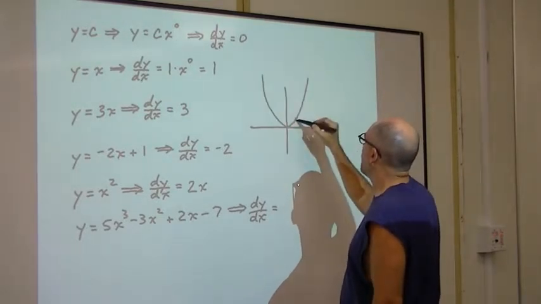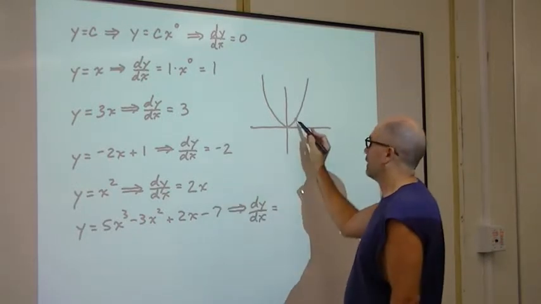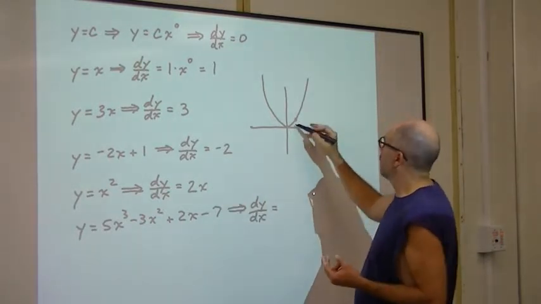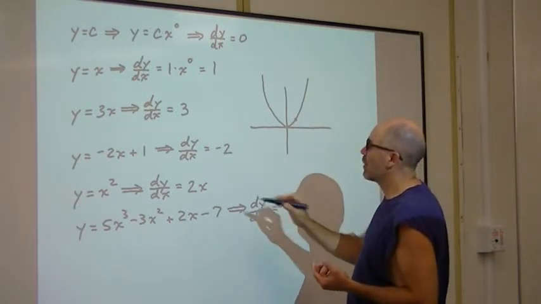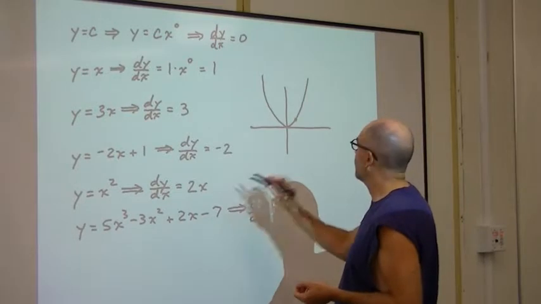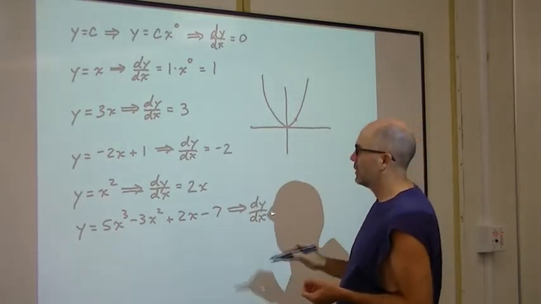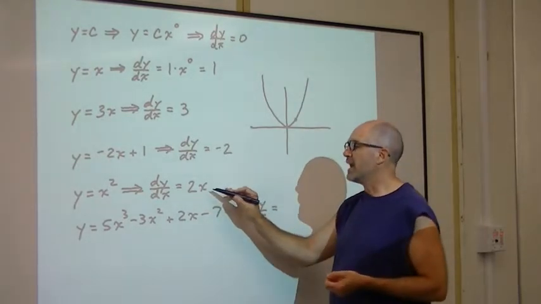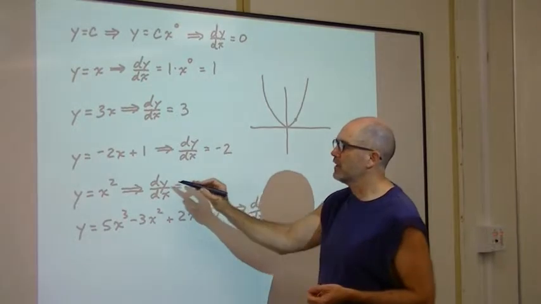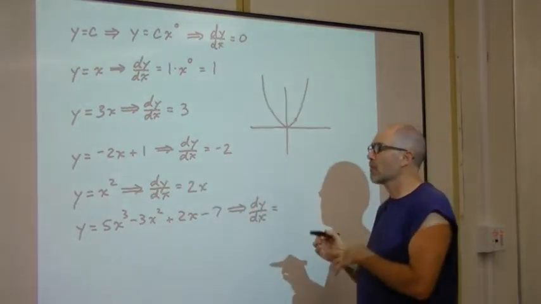Now at the point 1, 1, my slope is 2 times 1, which is 2. Now if I go x equals 2, then I'm up here, my slope is 4. So basically this shows that with different x values, you have different slopes. And that's going to be the way it is with any curve.